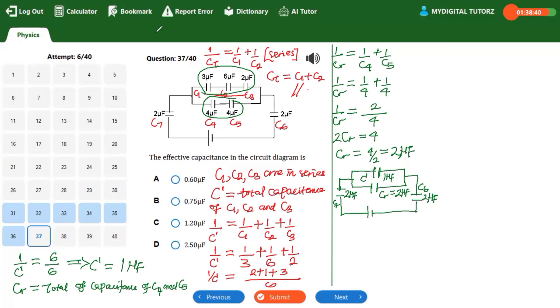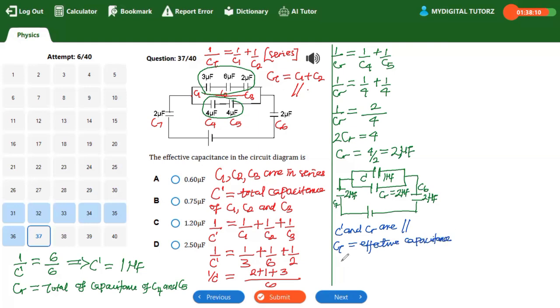So as you can see now, C prime and CR are in parallel. If they are in parallel, C prime and CR are arranged side by side. Therefore, let CT be the effective or total capacitance.